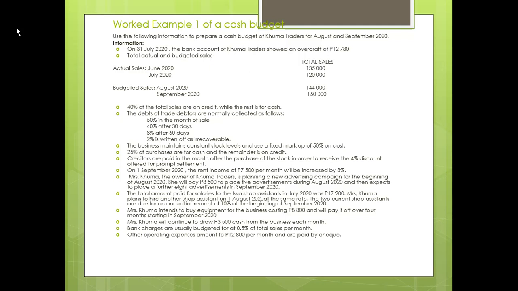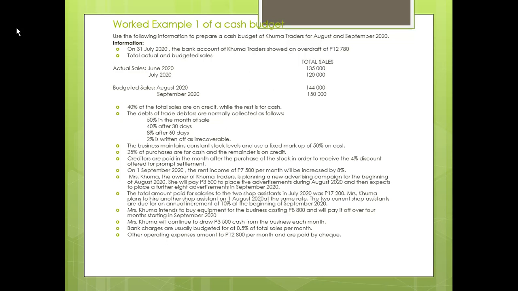50% is received in the month of sales. So it means out of the budgeted sales of August 2020, we are going to calculate 50%, which we are going to regard as our cash sales. That is 50% of 144,000, and 40% of that amount will be received in the following month, 8% after 60 days.